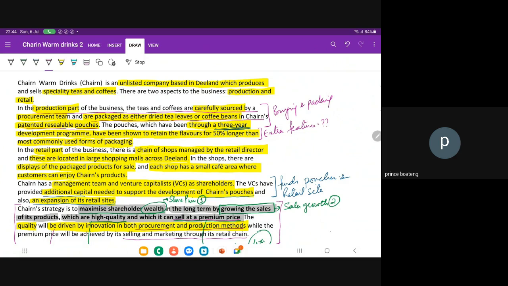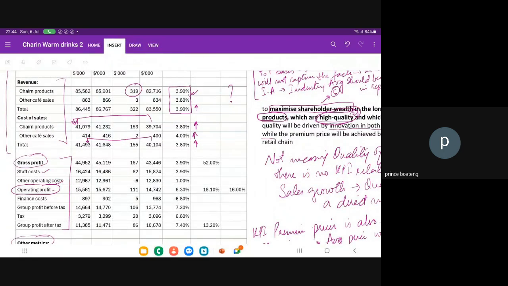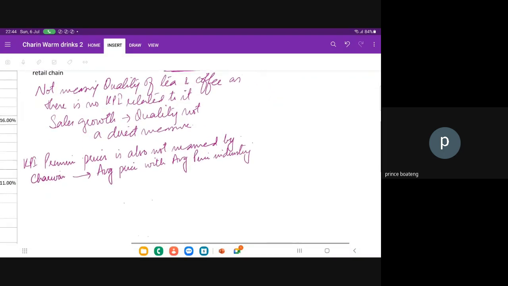The pouches, which have been through a 3 year development program, have been shown to retain flavors for 50% longer than the most commonly used form of packing. So this is a kind of innovation, right? This is the only thing they have mentioned in the procurement and production part.